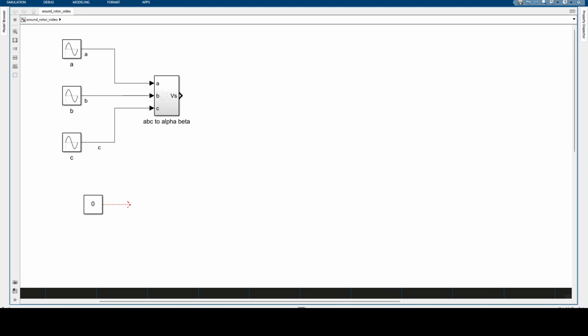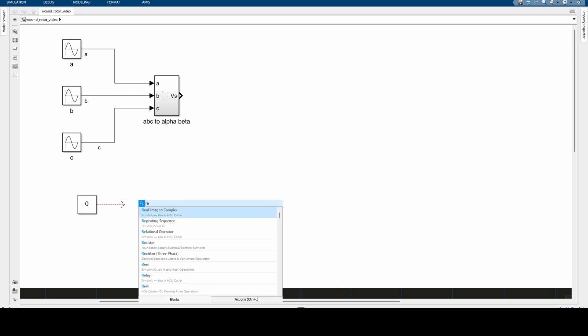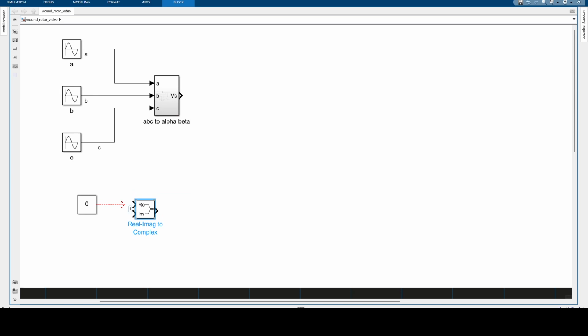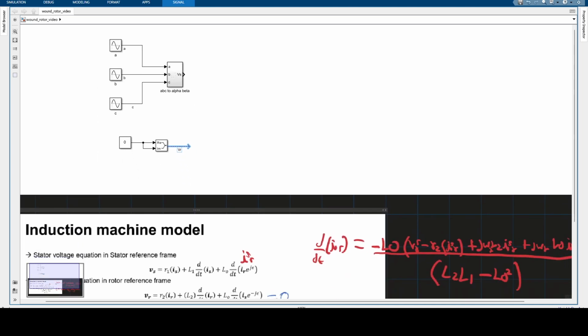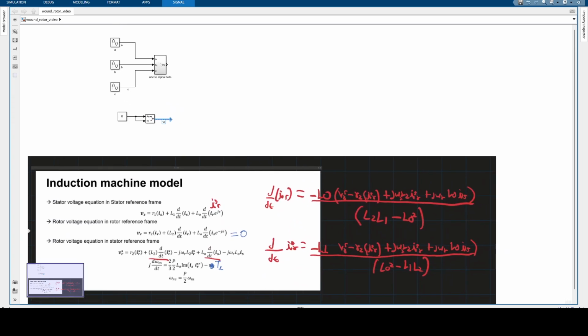But we still need a constant, we still need an alpha beta. So what we do is make this into imaginary and complex. So now here we have our Vr. Okay, so we can start looking at our equations.